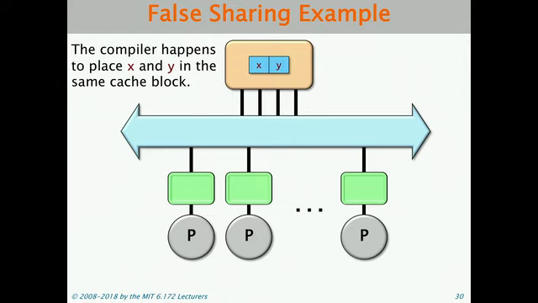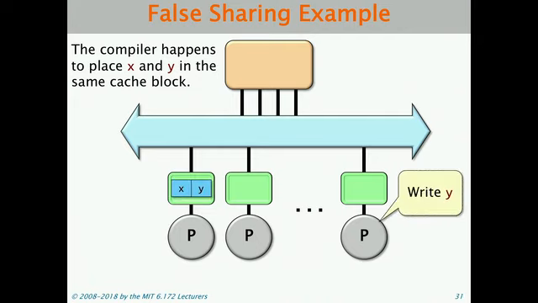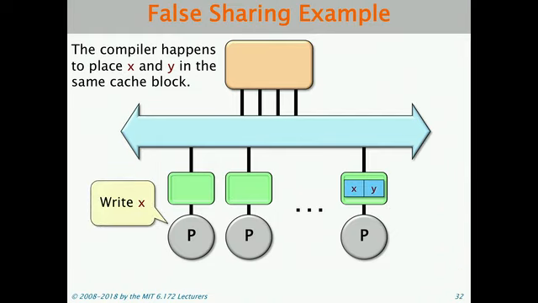Let's say we have two variables, X and Y, and the compiler happens to place X and Y on the same cache line. Now when the first processor writes to X, it's going to bring this cache line into its cache. When the other processor writes to Y, since it's on the same cache line, it's going to bring this cache line to Y's cache. And then now the first processor writes X, it's going to bring this cache line back to the first processor's cache.